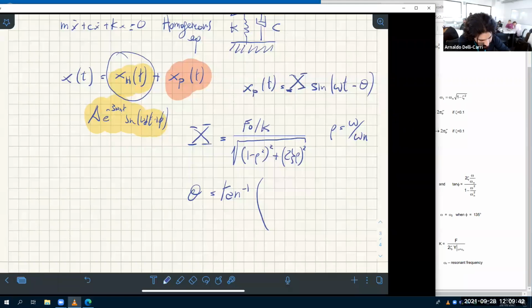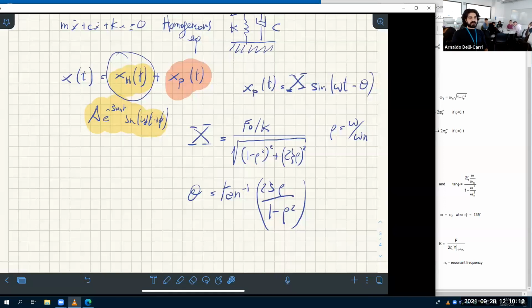So you have that theta is the arctangent of 2 zeta rho over 1 minus rho squared. There you go. I know this by heart. Not only because I do this every year, which helps as well, but also because I know physically what all these things mean. So I can back up the formulae, even if I don't know them.